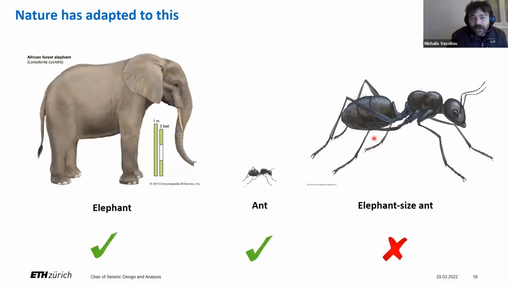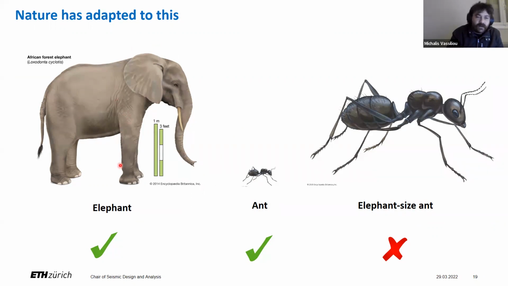For the sake of the discussion, I'm sure that you have seen this before in elementary physics. Actually, I picked this up from a book on high school physics. The fact that when you scale down something, the stresses decrease is something that nature has adapted to.